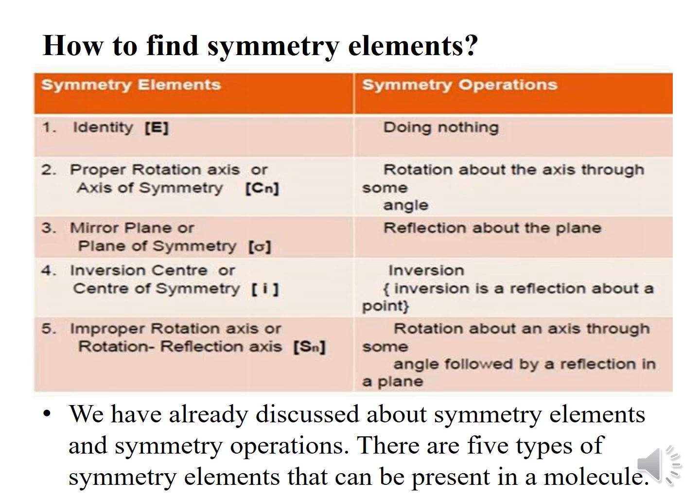Fifth one is improper rotation axis or rotation-reflection axis. It is denoted by Sn. Symmetry operation is rotation about an axis through some angle followed by a reflection in a plane.